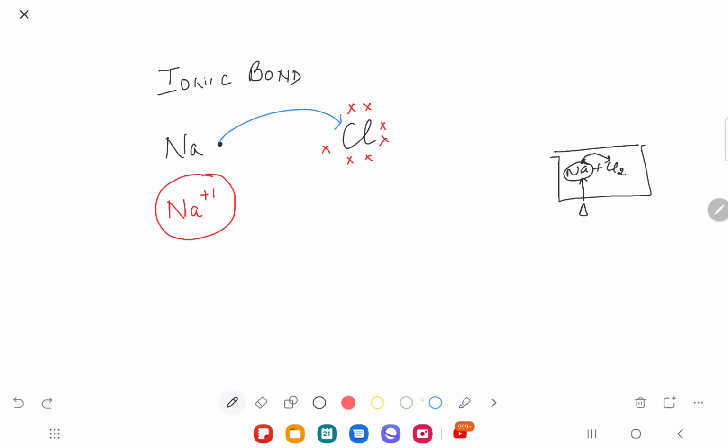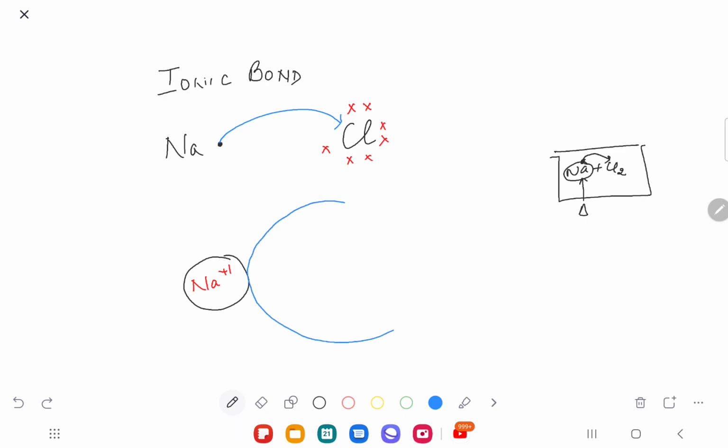So let me draw it here. Na will become Na plus 1, a cation, and will have a smaller size. And Cl will become bigger and will have a bigger size, and it shall become Cl negative.